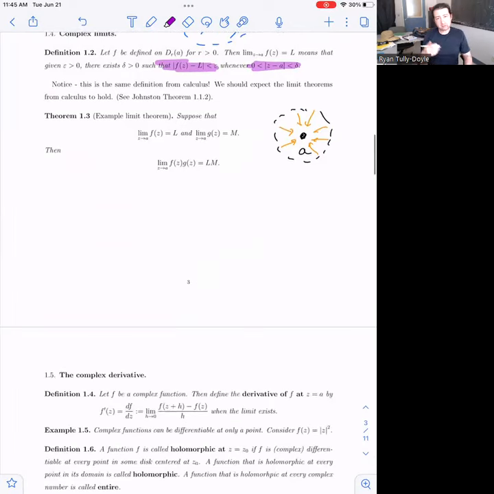So because the definitions are the same, we should expect that the theorems of real calculus should also hold, and that turns out to be true. If you remember in Calculus 1, one of the first things you do at the beginning of the class when you're studying limits is you define the notion of a limit, and then you show limits behave in the way that you want them to.